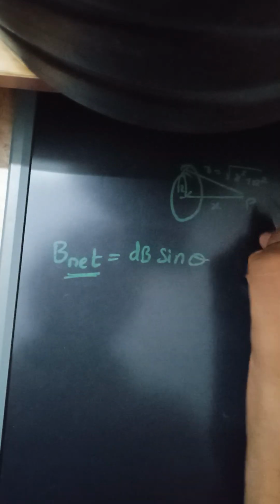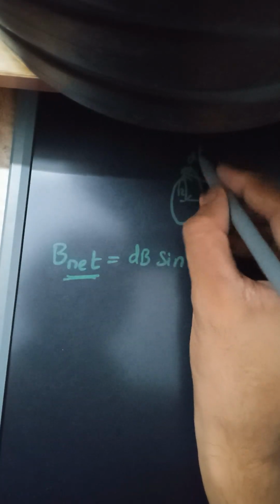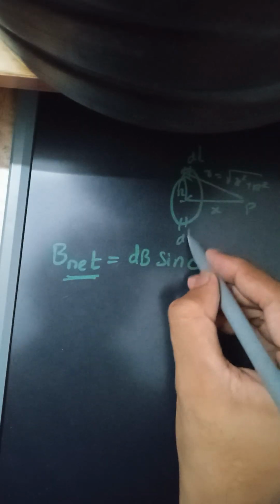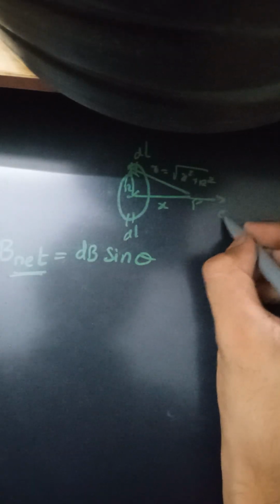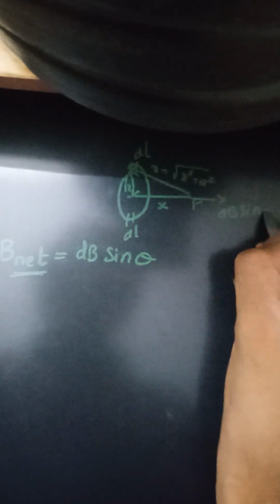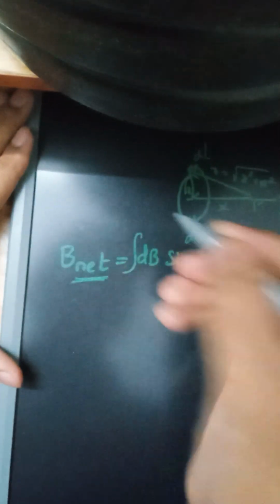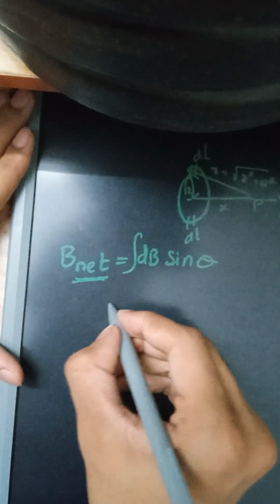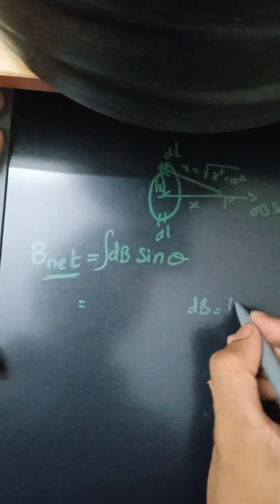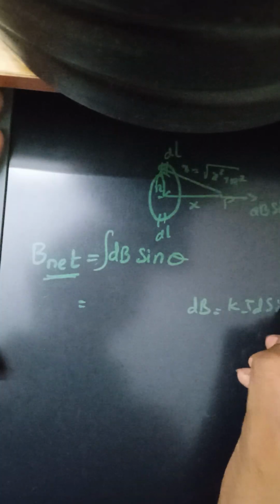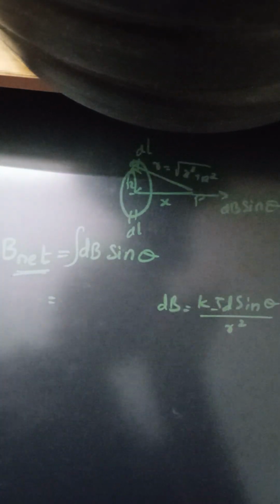The net magnetic field on this point due to this dl and this dl is what, guys? dB sin theta. So if we integrate this equation, what is dB, guys? dB is actually k i dl sin theta by r square.